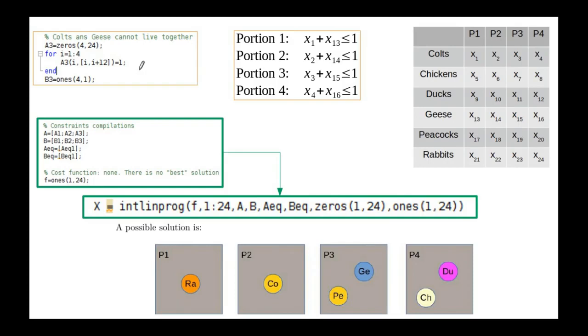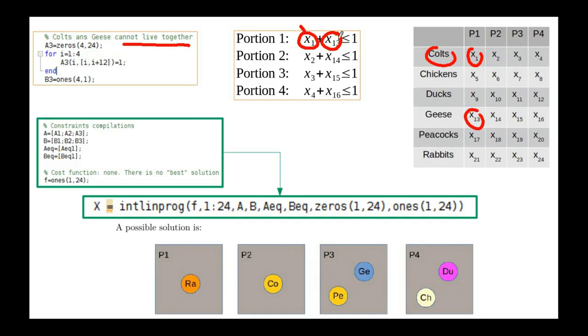So at the end, cows and geese cannot live together. So for portion number 1, these are cows in number 1, as you can see here, cows in number 1, and x13 are geese in number 1.